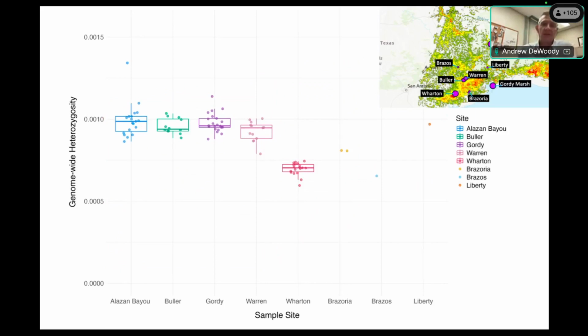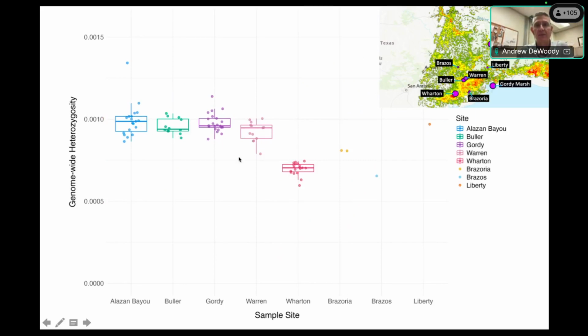And one of the most interesting things I thought about this study is that Natalie found that some of these sampling sites have similar levels of genomic diversity, maybe some subtle differences, for example, between Gordon and Warren, but others, this Wharton site has significantly lower levels of genomic diversity than do many of the other sites.